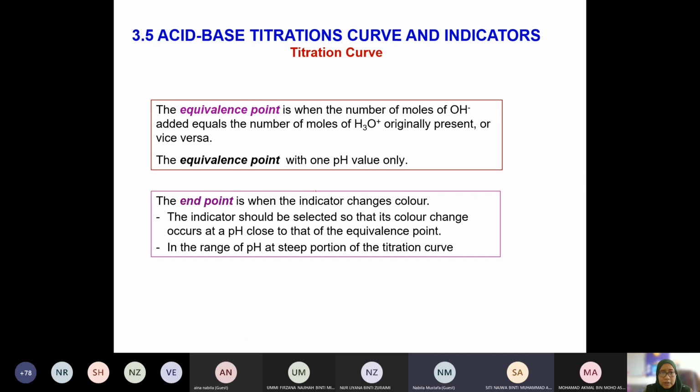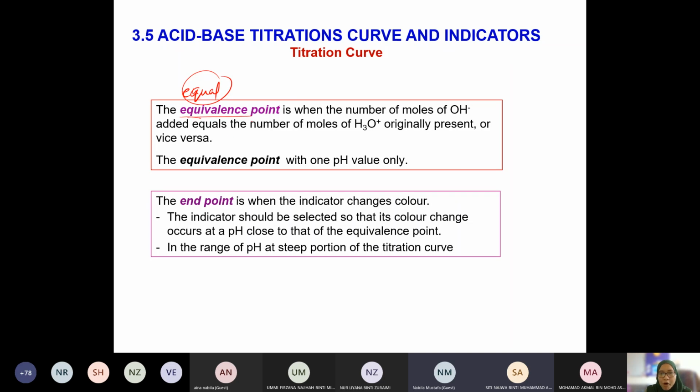So equivalent point, the term equivalent point. What is equivalent point? Okay, so the word you may familiar with equal. The root word of equal, that means we are talking about something that is equal in terms of the number of mole.